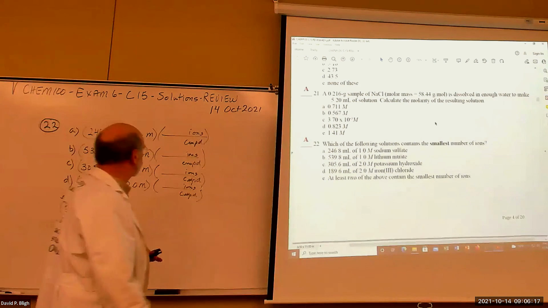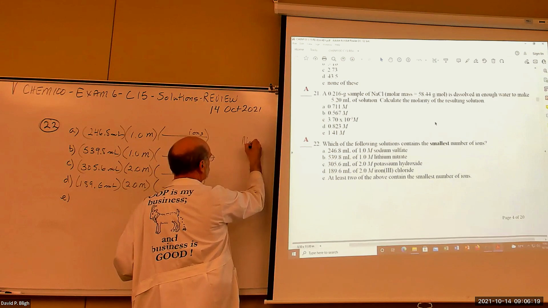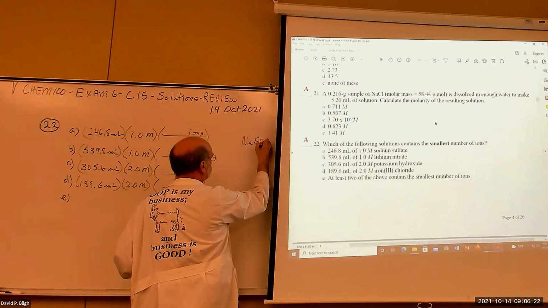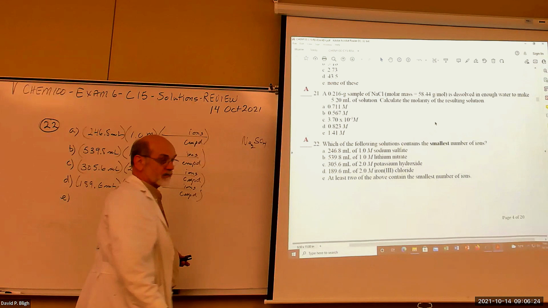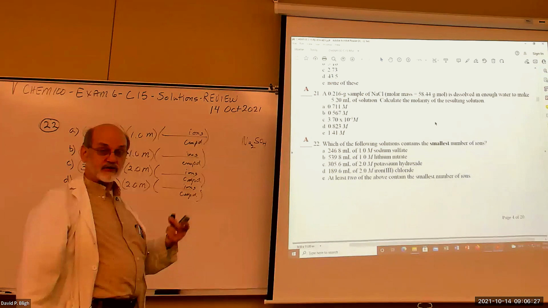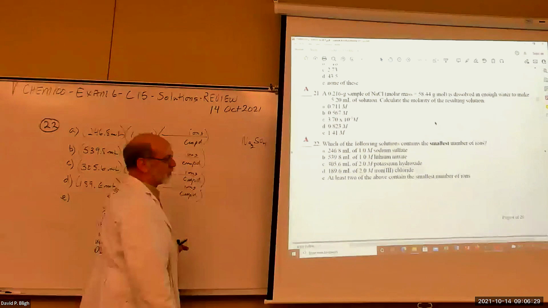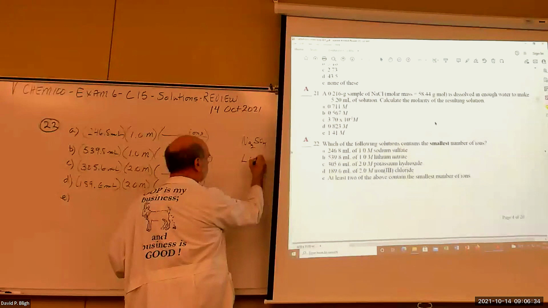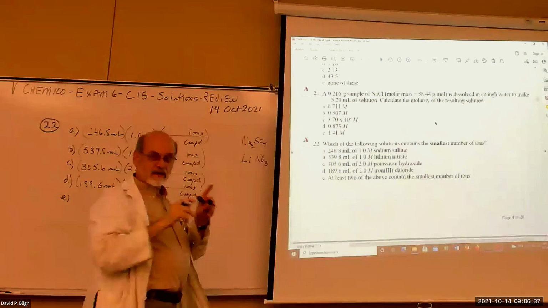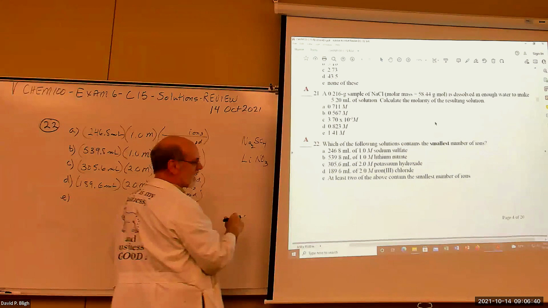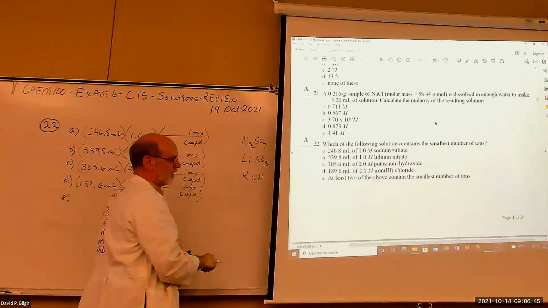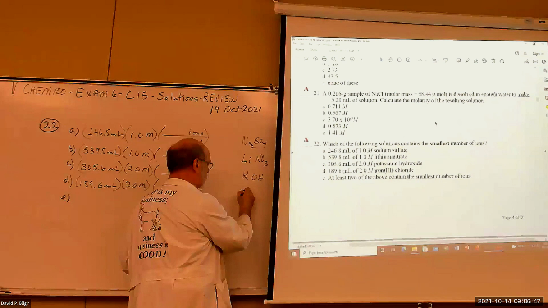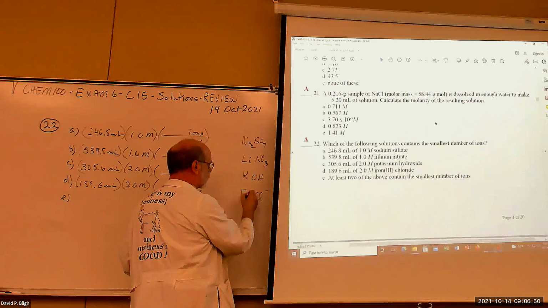Sodium sulfate. 2 sodiums, 1 sulfate, because the sulfate has 2 minus charge. Sodium only has 1 plus. Lithium nitrate. They're both equal, -1 plus 1. Potassium hydroxide, -1 plus 1. Iron-free chloride. That's a -1. This is a 3 plus. That means this one is 3.